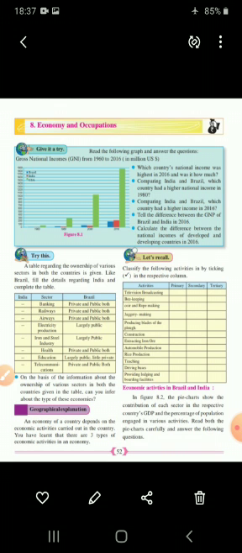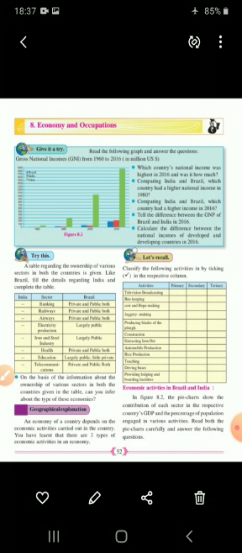Already we know, children, I told you in your previous class that Western countries are developed because the maximum population of those countries is engaged in tertiary occupation. In tertiary occupation the income is much higher than in primary and secondary occupation. So here we are supposed to make a comparative study. I hope this is clear to you.